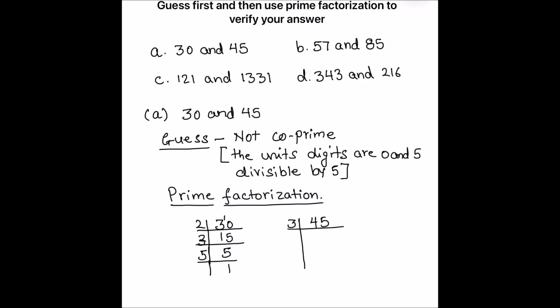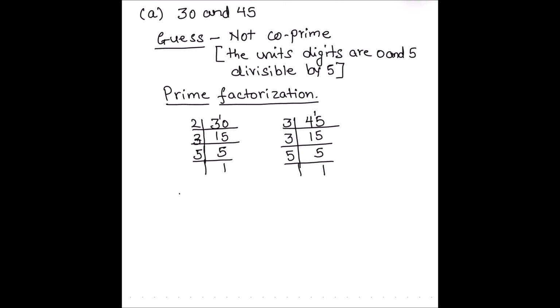It is divisible by 3, 3 times 1 is 3, 1 is remainder, this becomes 15, 3 times 5 is 15 and 5 times 1 is 5. Prime factors of 30 are 2 times 3 times 5, and prime factors of 45 are 3 times 5 times, let's not forget 1, so 5 times 1.